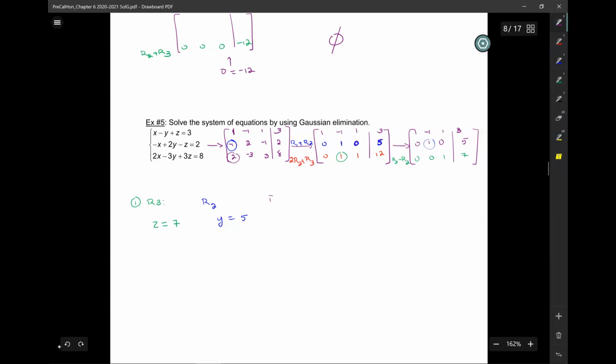And then from row 1, I get that x minus y plus z is equal to 3. So x minus 5 plus 7 is equal to 3, meaning x is 1. So finally, the solution is 1, 5, 7. Okay? And those are some special cases. Thank you. Have a good day.